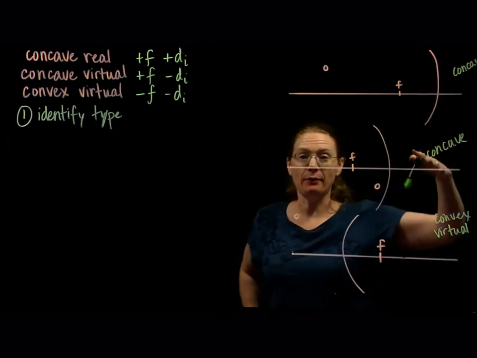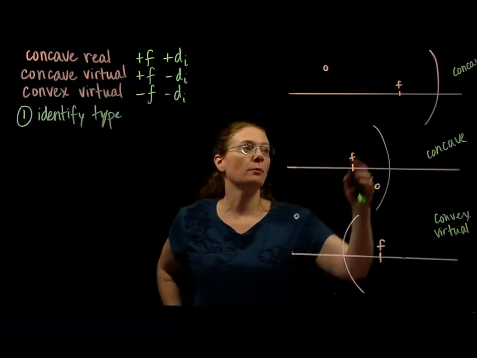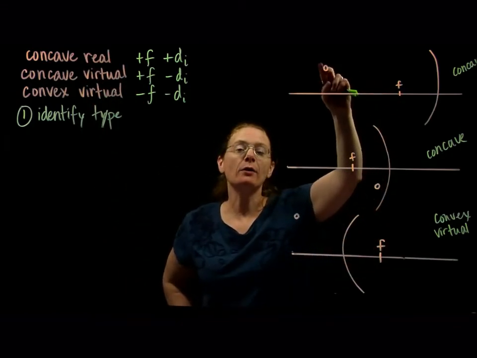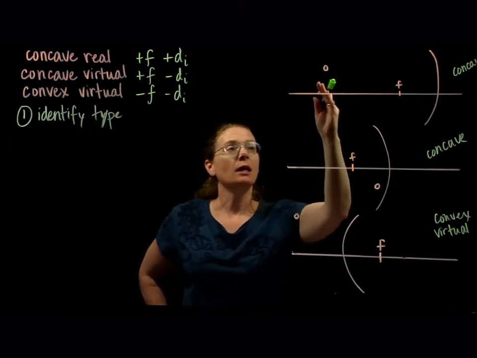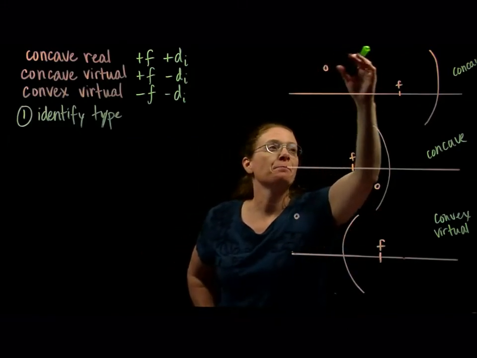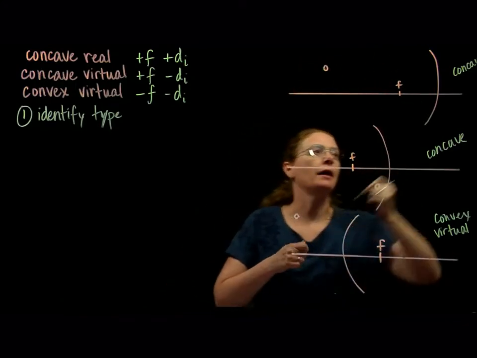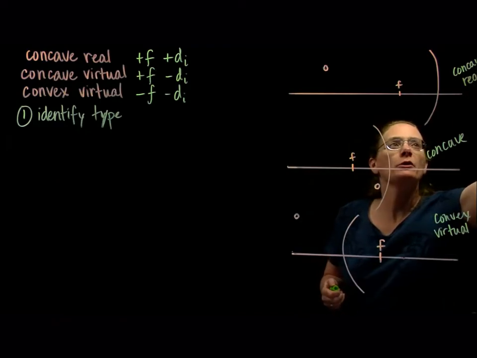But with concave, how do we tell? The way you can know if it's going to be a real or virtual image is to look at where the object is. If the object, like the light bulb or whatever it is we're looking at, is farther away than the focal point, then we have a real image.